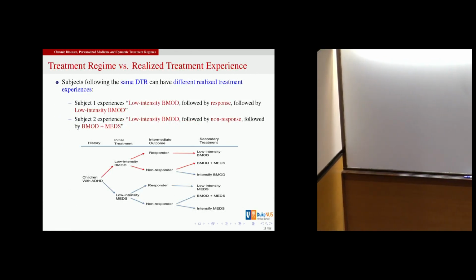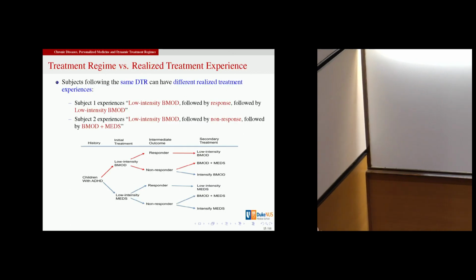Okay, I think this is another point I mentioned earlier about treatment regime versus the realized treatment experience of an individual. So we continue with the same example. You follow the red arrows, but you see there are two different pathways, the upper one and the lower one. So subject 1 experiences this B mod followed by a response outcome, and then followed by the same treatment continued, right?